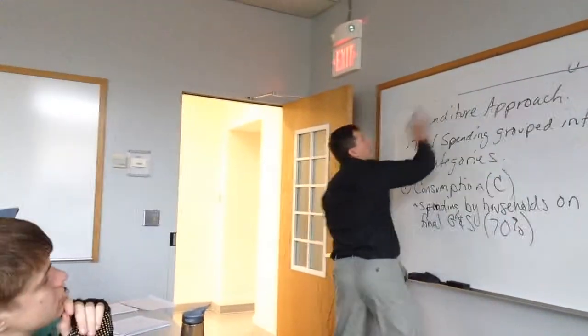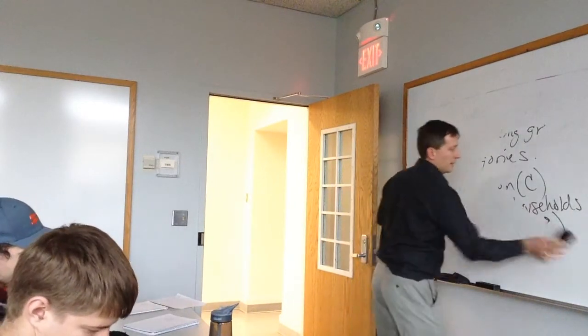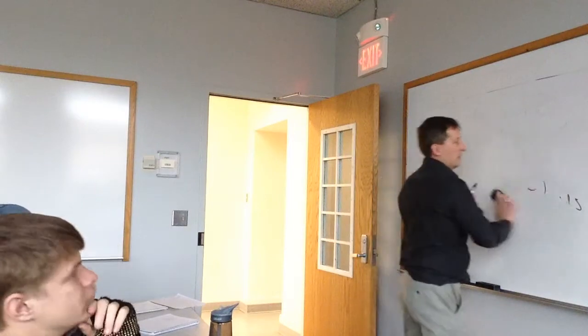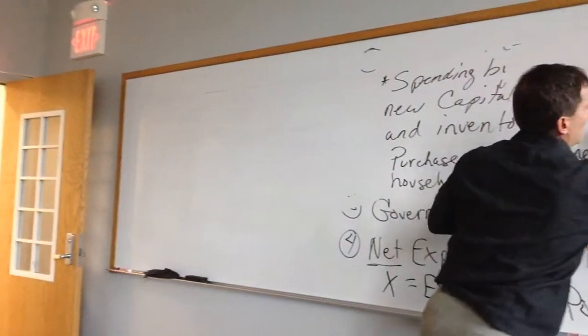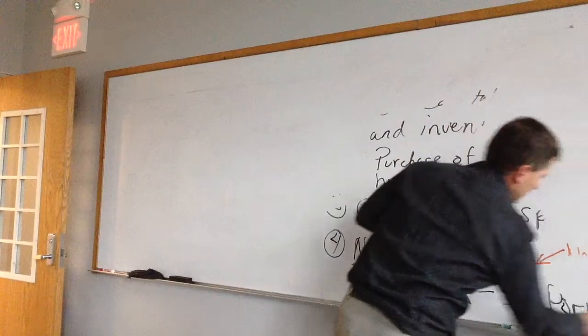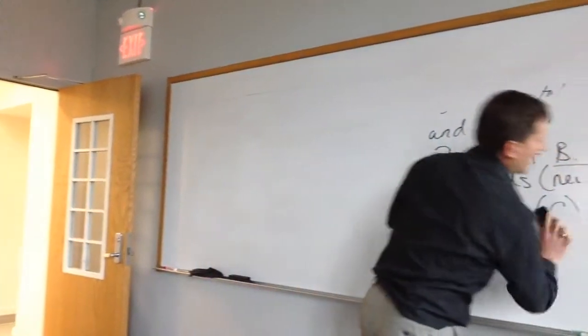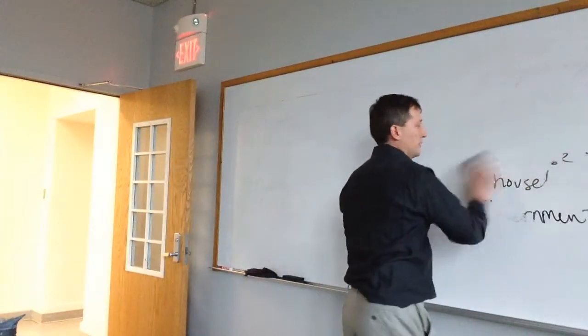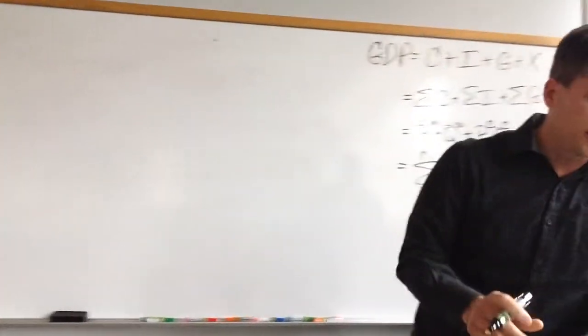All right, how about the income approach? With the income approach to measuring GDP, we're going to add up all of our incomes. So we're going to put a little more detail on this. But we saw in the flows that every dollar gets mapped to some resource being used for it.